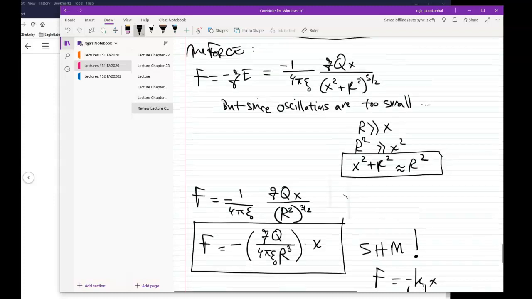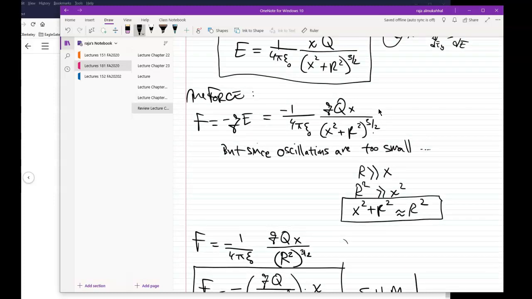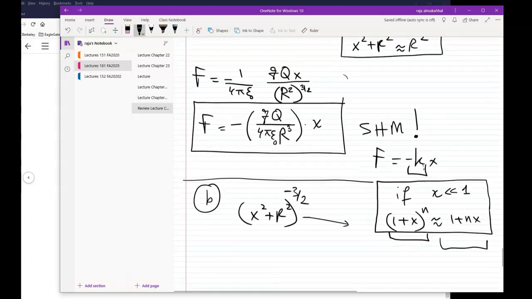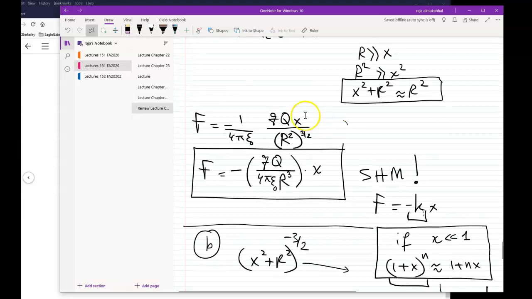Ignore everything else and just work on this denominator. Now take this one and compare it with this part right here, and then use this approximation to show that you will arrive at the same result, this one.